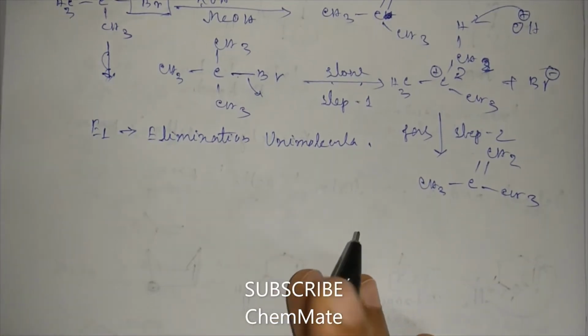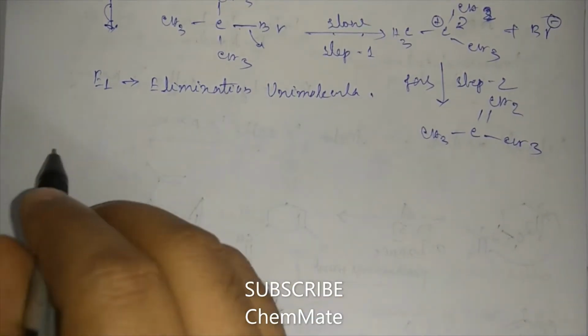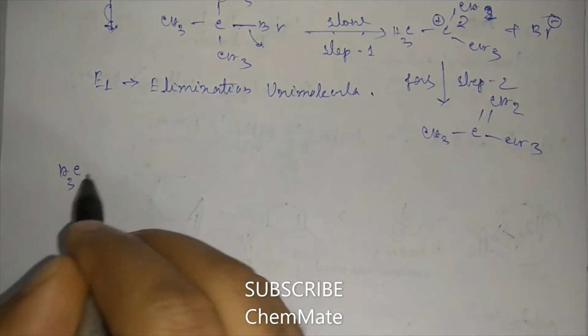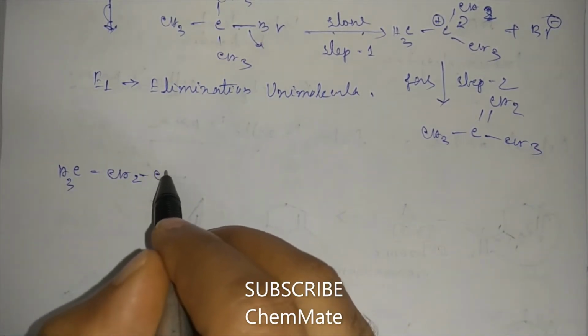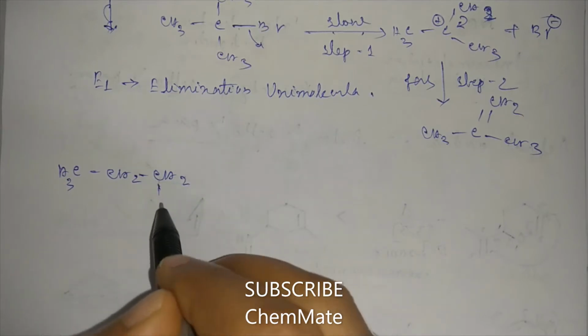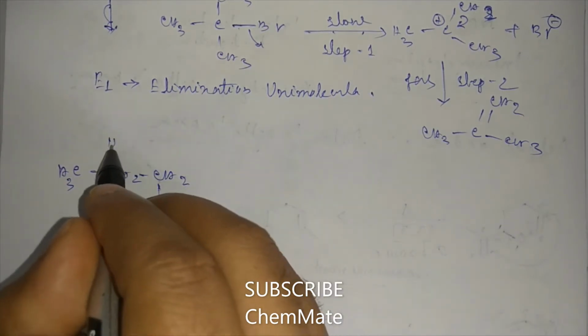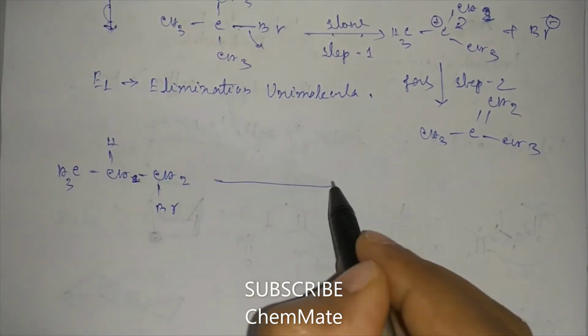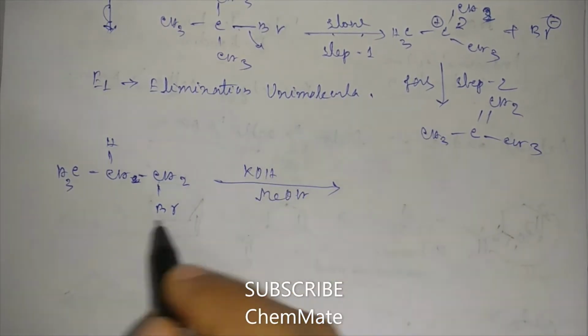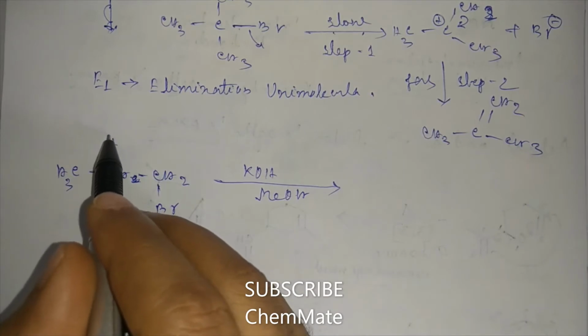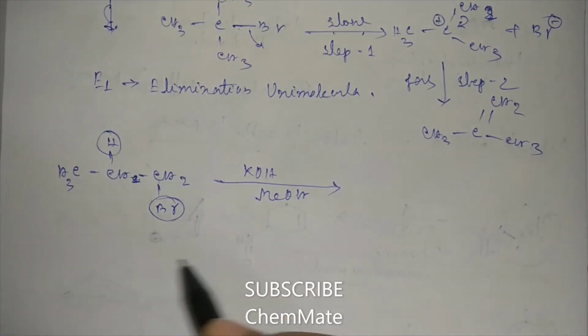Now in another example, let's say CH3, CH2, CH2, Br. If it is treated with KOH, MOH, then here also elimination will occur. This hydrogen and this bromine will eliminate.